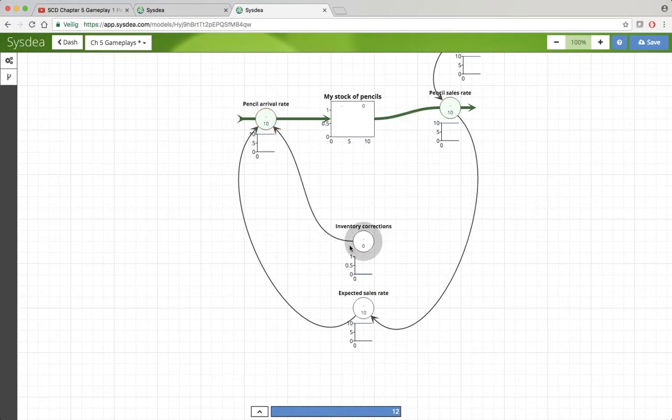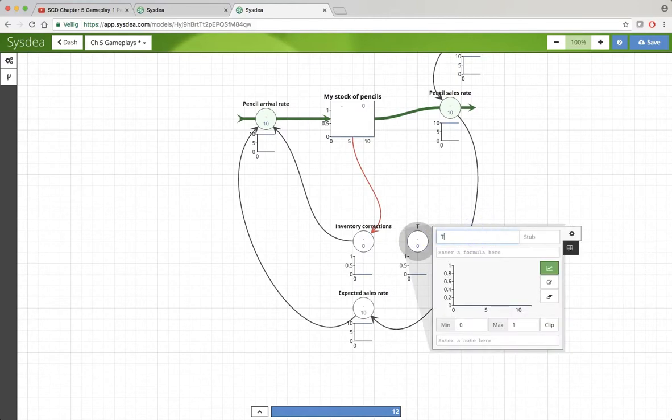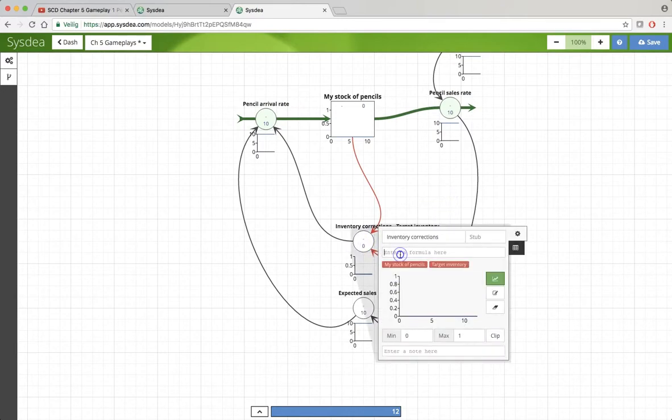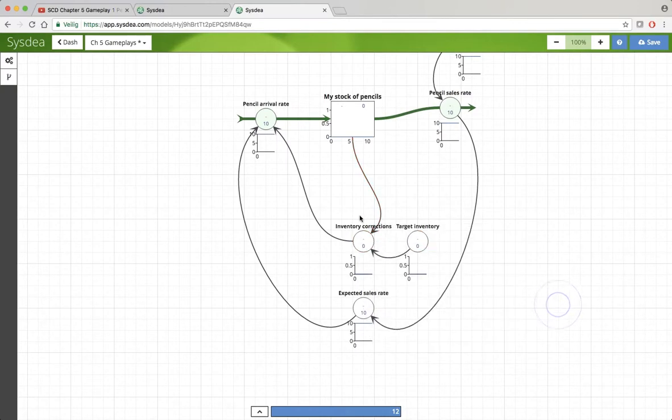So far the inventory corrections are 0, and that's not what we want because we have the stock of pencils coming in. What we are missing right now is the target inventory. How much do we want to have? If we have that, we can say, well, the inventory correction is how much you would like to have minus how much there currently is. And that should then affect the arrivals, but still we don't have a target inventory.